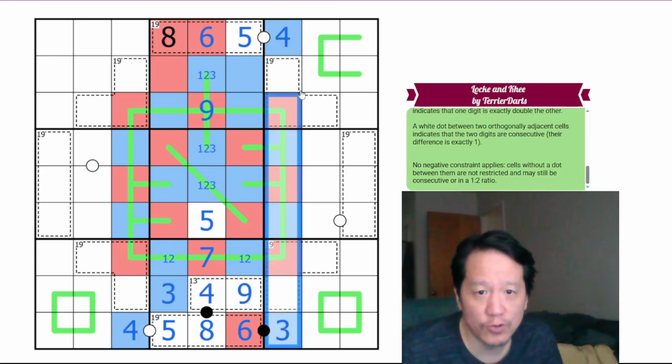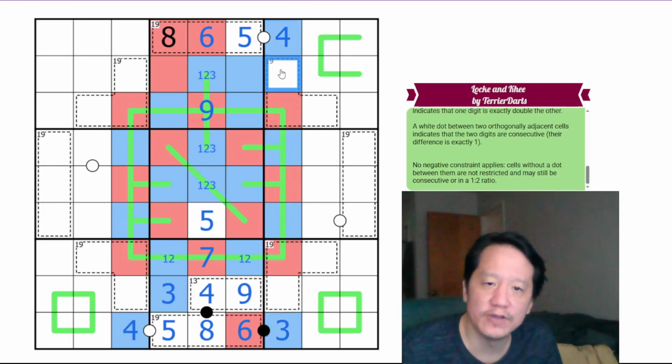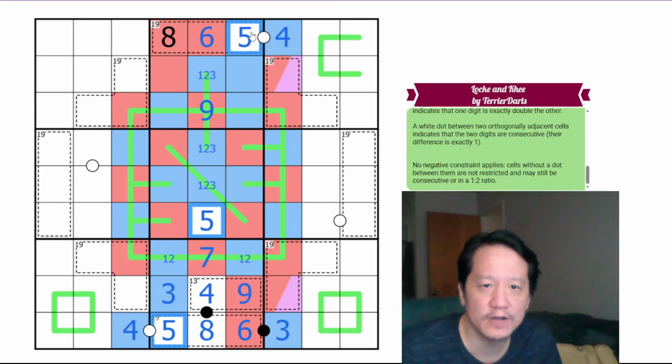We have 4 lows in column 7, so the rest cannot be low. They're high or 5. 9 is a high. 5 is medium. 4 is low, 8 is high.